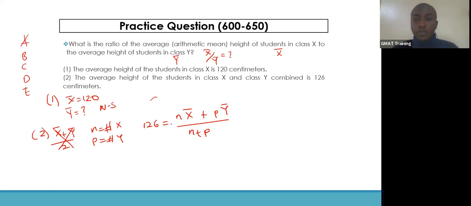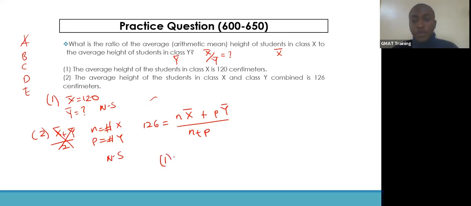Since we don't know the values of N, P, and N plus P, we can't actually find the ratio we've been asked for in the first place, and therefore statement 2 is not sufficient.